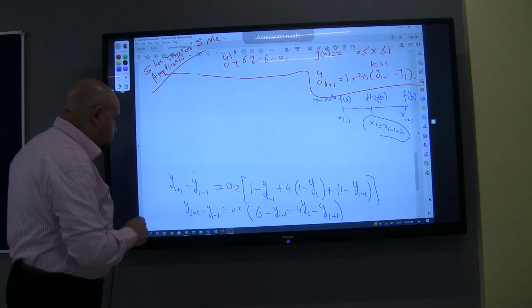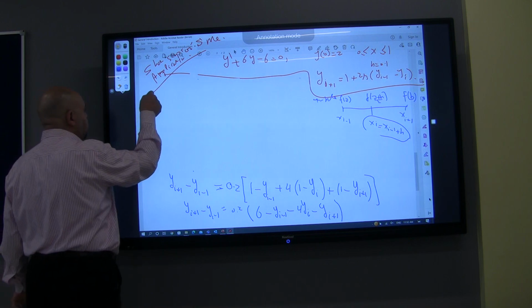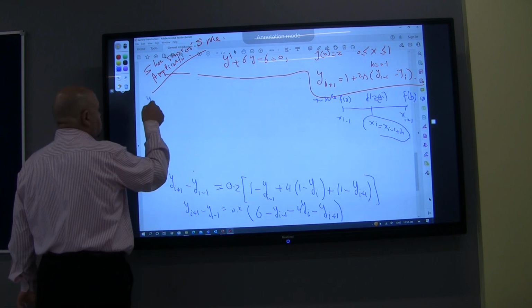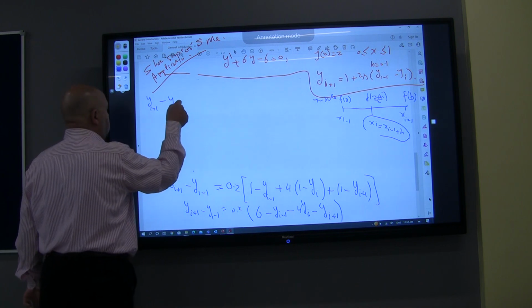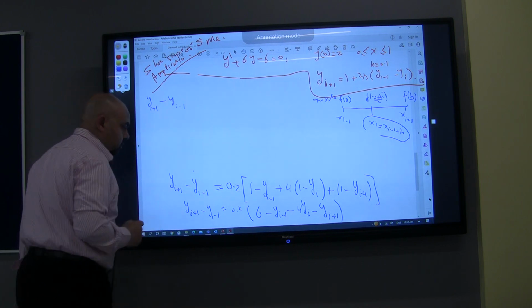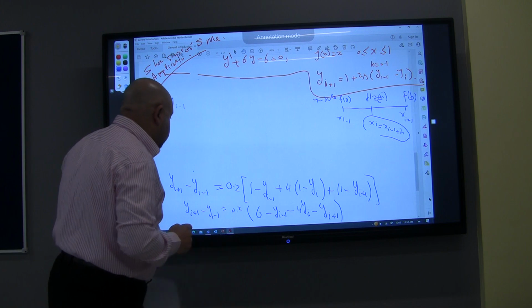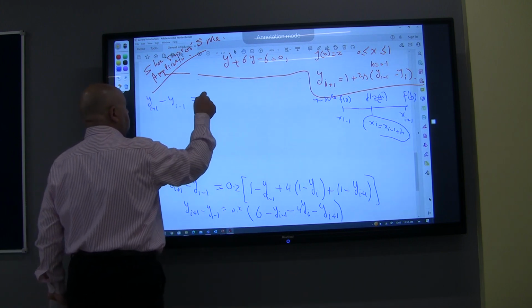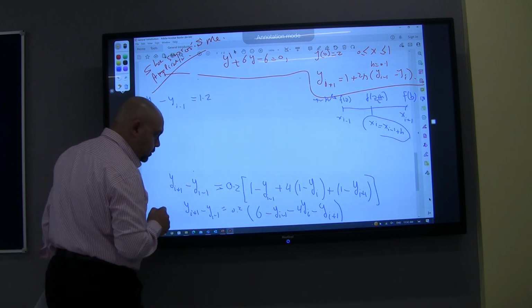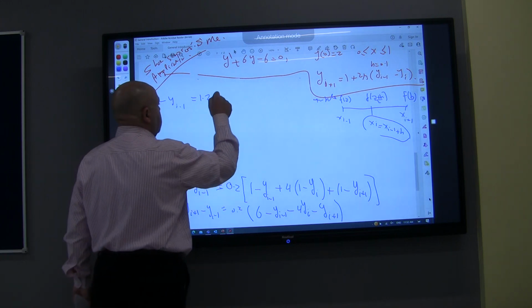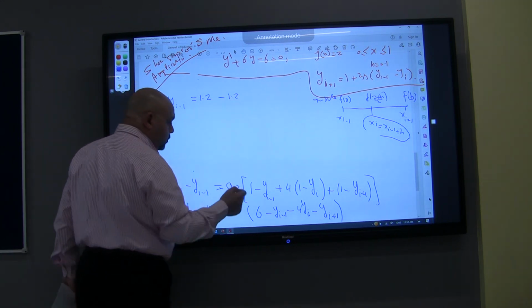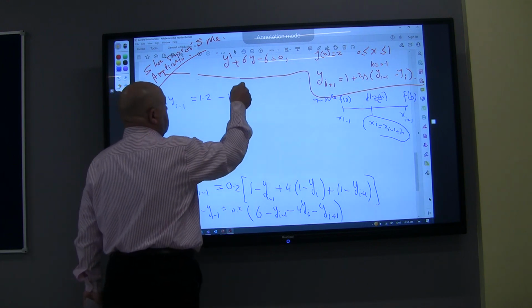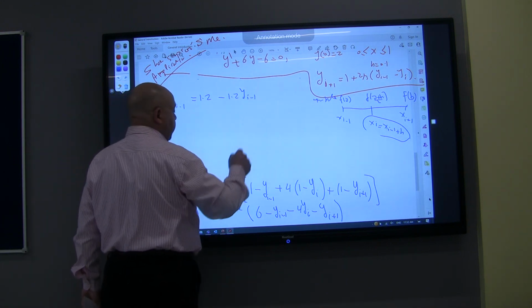So if I want to write this again, I have y of I plus 1 minus y I minus 1 is going to equal 1.2, then we have minus 1.2 y I minus 1.